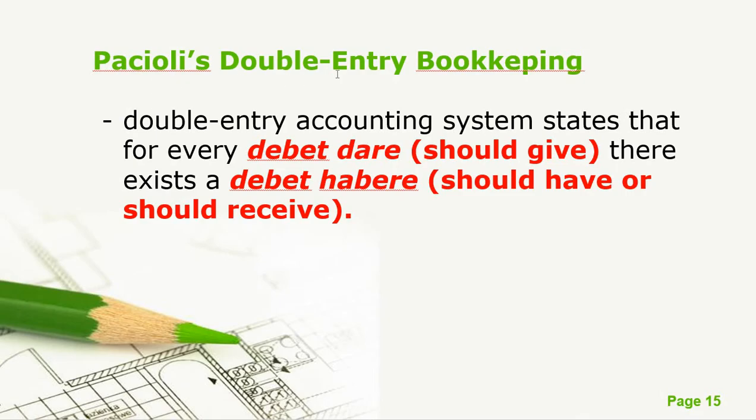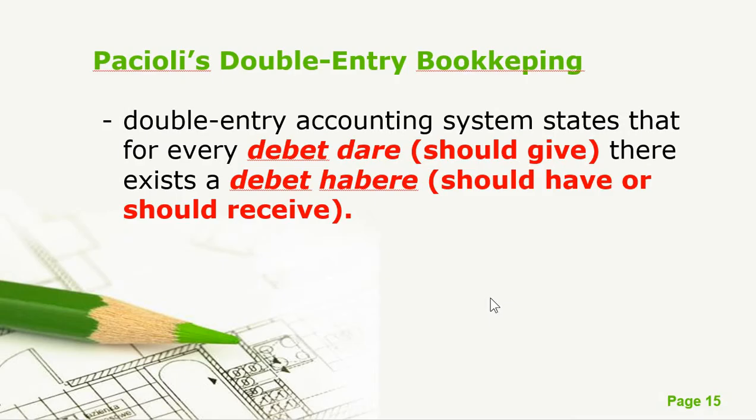Then we have the Pacioli's double entry bookkeeping. So double entry accounting system states that for every debere or should give, there exists a habere, or should have or should receive. So that's the double entry accounting system. If you have given something, you should be receiving something in return.